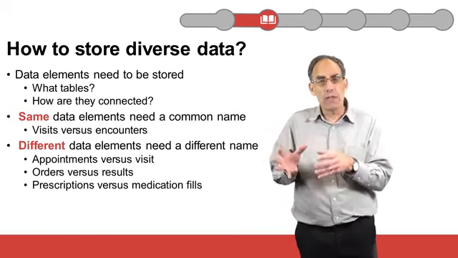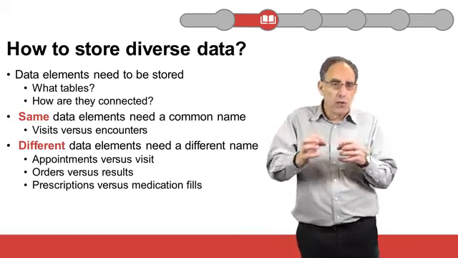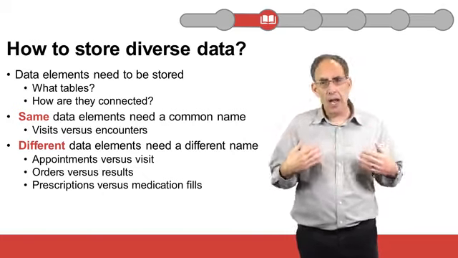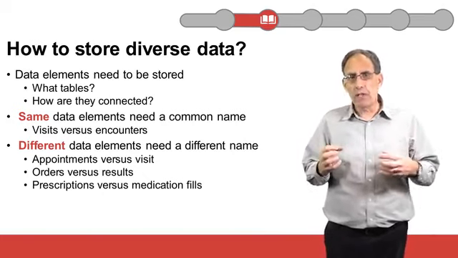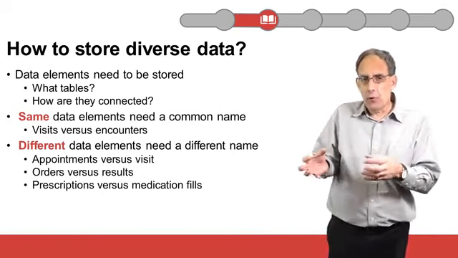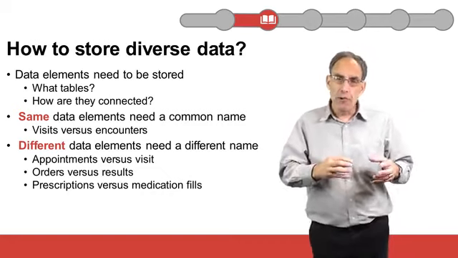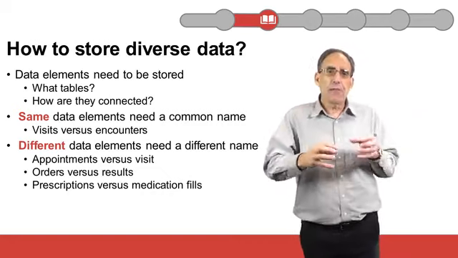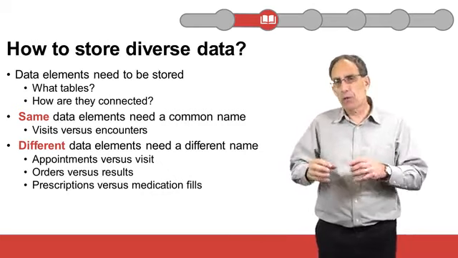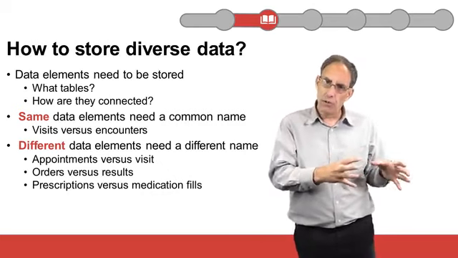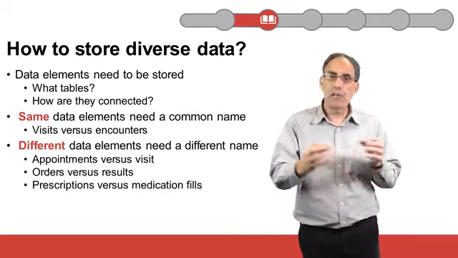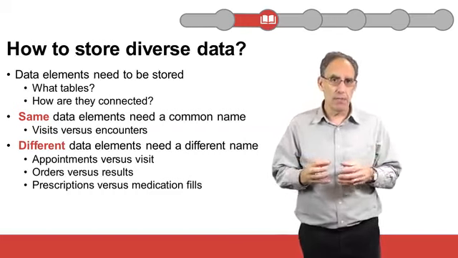In most settings, the word visit and encounter are used interchangeably. I happen to prefer the word visit, but other courses may use the word encounter. They represent the same thing. However, an appointment is different from a visit because an appointment may be canceled or rescheduled, features that are not relevant to a visit.